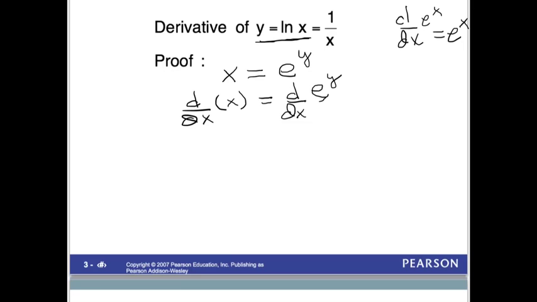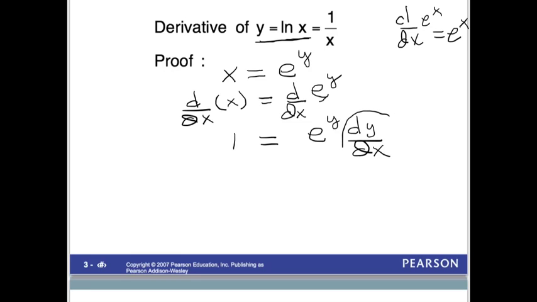D dx of x is just 1. D dx of e to the y is, first of all, take the derivative of e to the y with respect to y, which is just e to the y, and multiply by dy dx. Chain rule again.